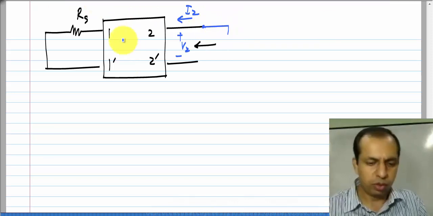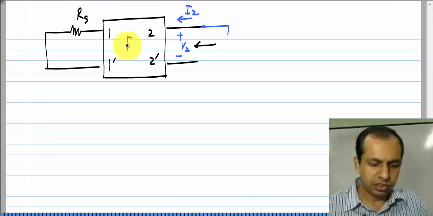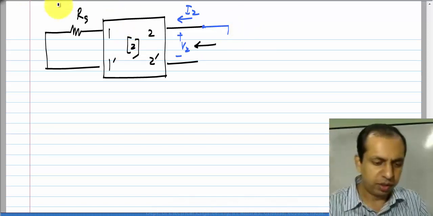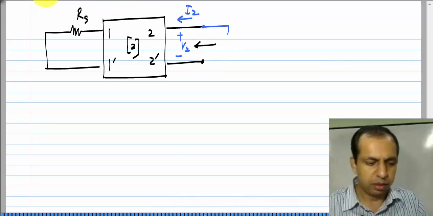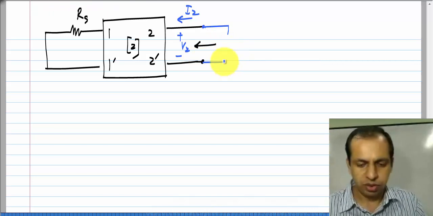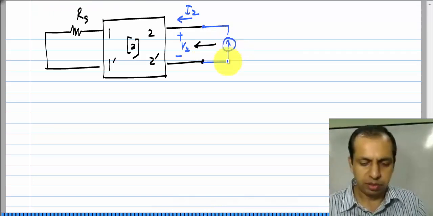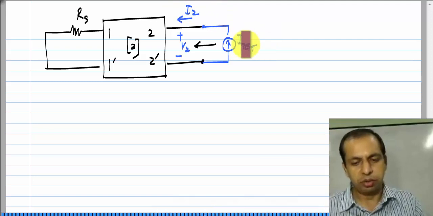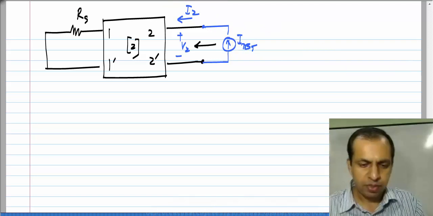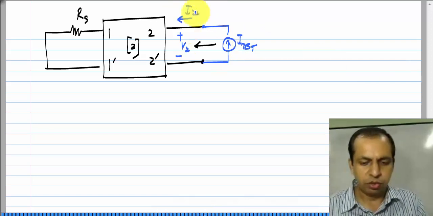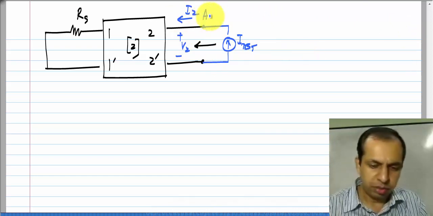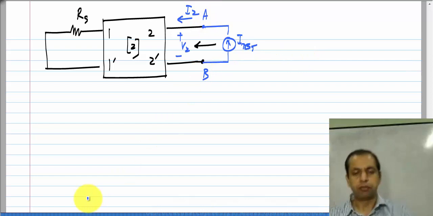This has nothing to do with what parameter set we choose, right. This is described by Z parameters, but I could apply a voltage source on this side. Okay. It is only for measuring the parameters that we apply a current source in case of Z parameters. So, let us say I do apply a current source, Itest. Clearly, you see that I2 is exactly equal to Itest. So, what I need to find is the ratio of V2 by I2, that is the resistance looking back between the terminals A and B.